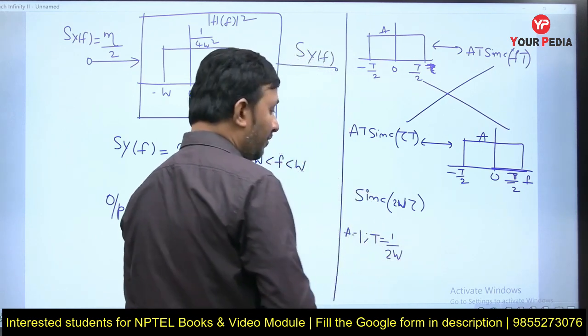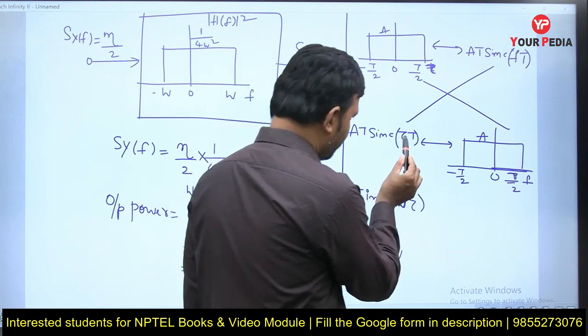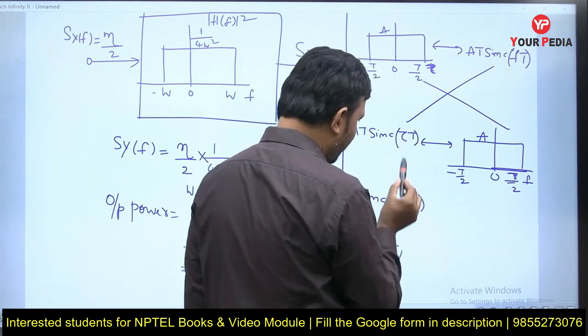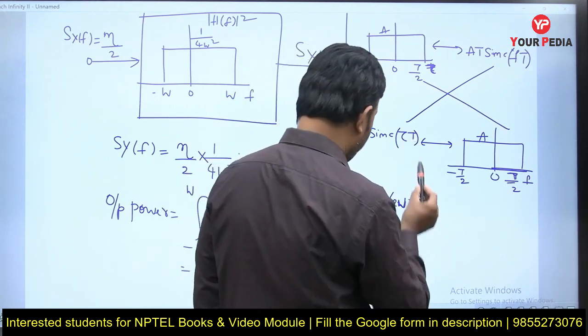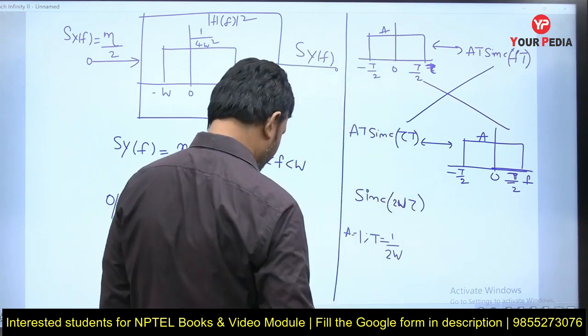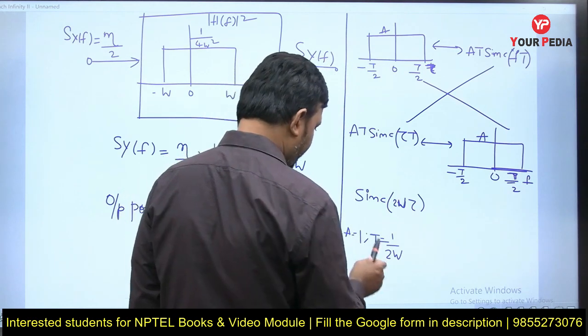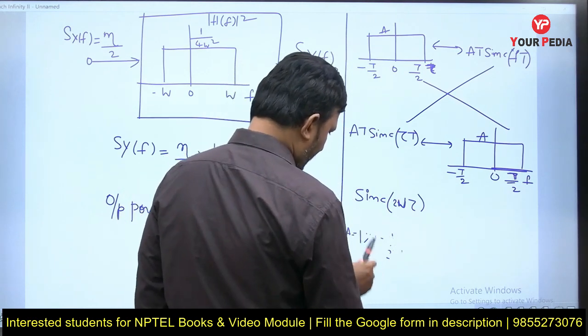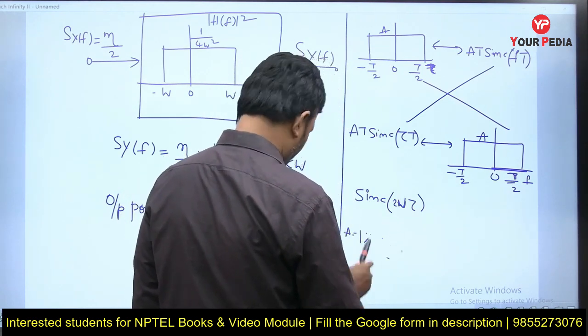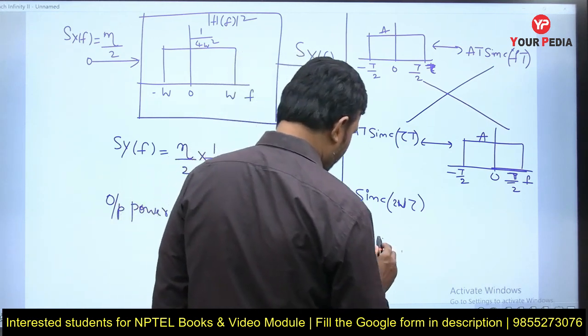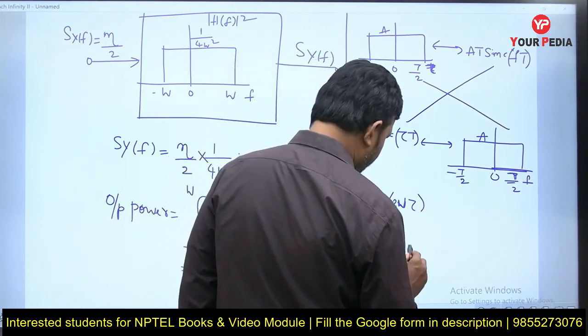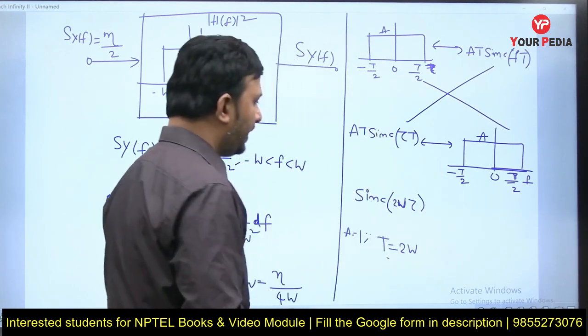Here, if you observe, in the place of t, not 1 by 2W, it will be 2W. Let me correct that. In the place of t, you have 2W, right?